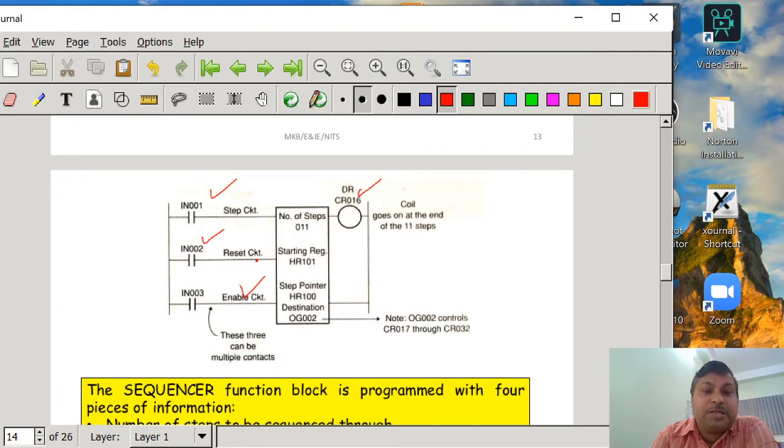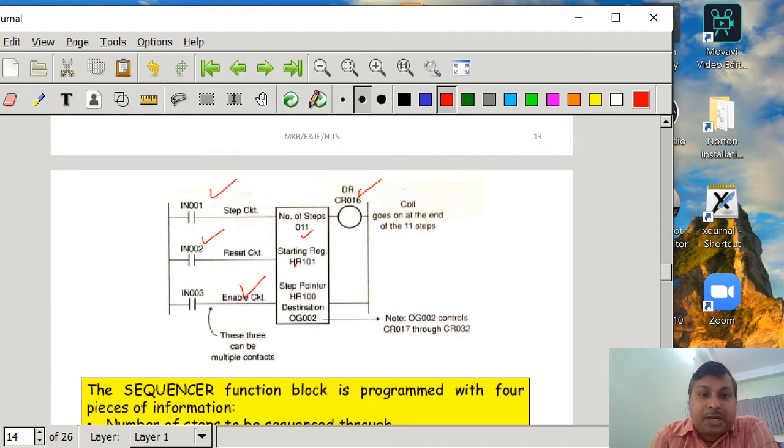Most interestingly, what is needed to be declared? The number of steps, how many steps you are going to perform. Here, for example, it is given as 11. Then the starting register, that is HR101. What is the meaning of the HR101 starting register?